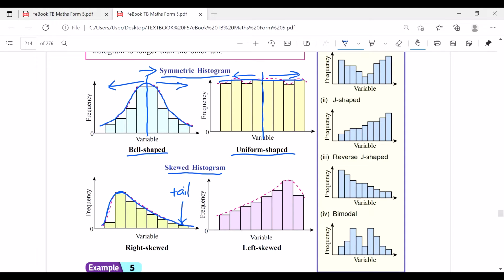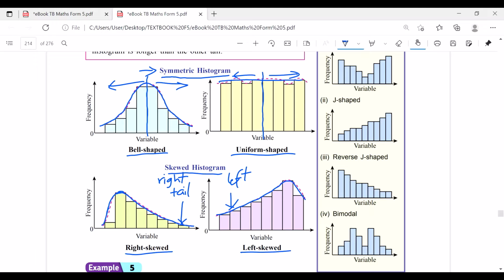This is your right hand side. So you call it right skewed histogram. So actually you look at the tail. Here you also have a tail, going up, reaching the highest peak, and then going down. This tail is on the left side of the graph. So it's called left skewed.